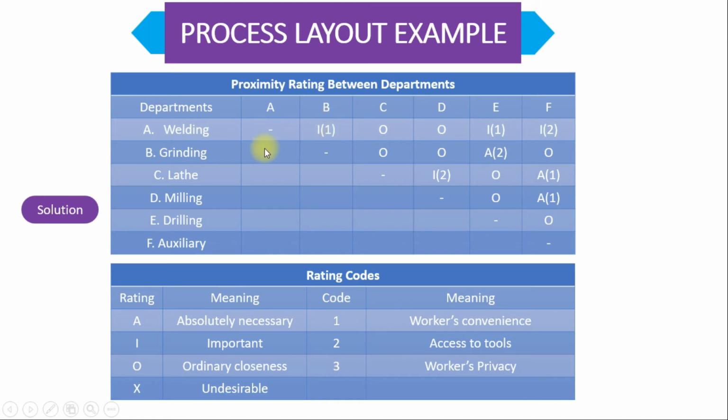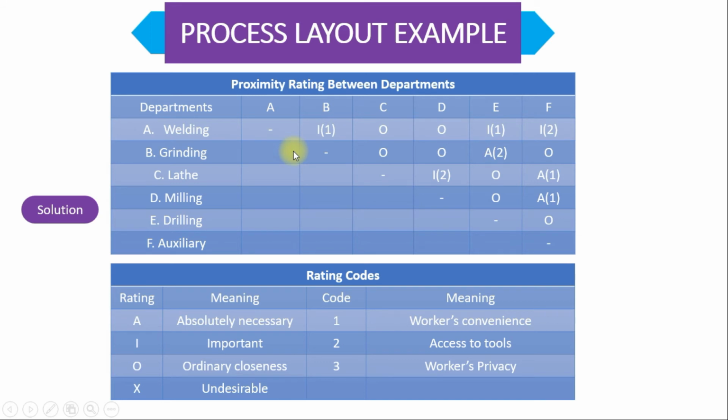So for all the spots that are empty, it means they have already been covered. If we were to place it there, we would put the same thing. And where we have the dashes, it means the same department: welding and welding, grinding and grinding, lathe and lathe.